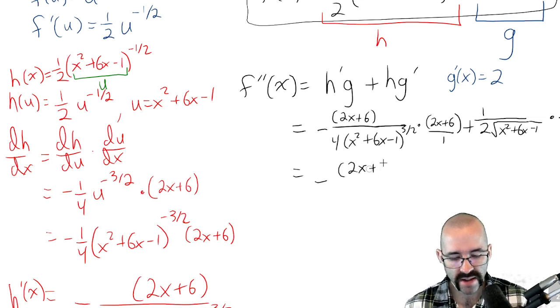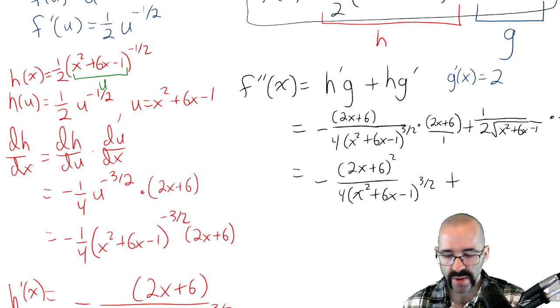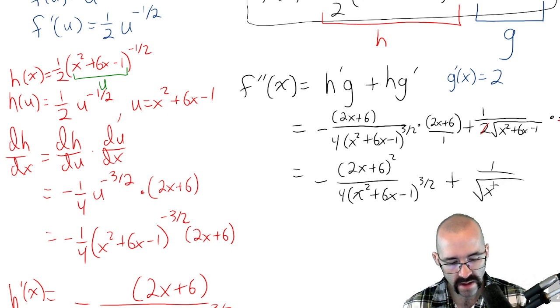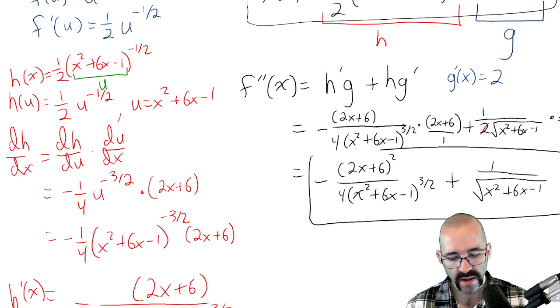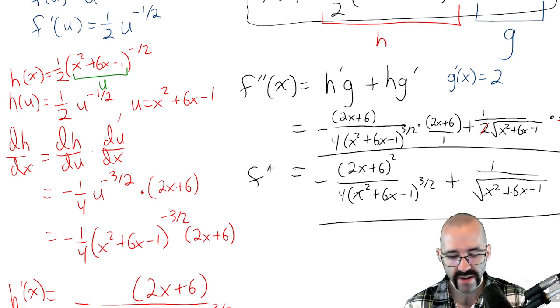That's (2x plus 6) squared over 4 times this thing. And the second one's even nicer. The 2's cancel. And there are some ways that we could rewrite this to make it look a little nicer. But this is good enough. This is our second derivative.